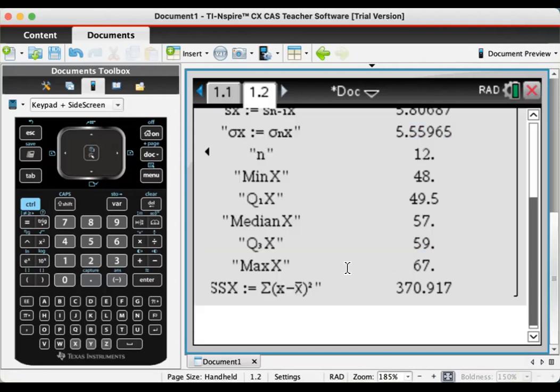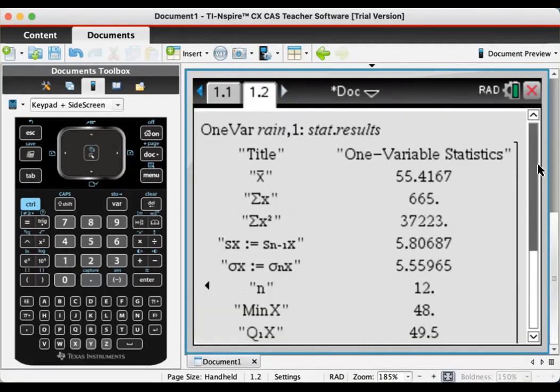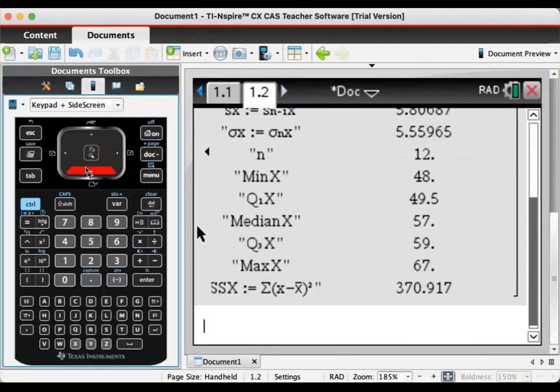You were like, okay, I need to find my interquartile range. So you're up here at the moment, and it's like, oh, I need to do a calculation. You press down, get all the way down, and then you can type your numbers. Okay, I've got 59, and I need a minus 49.5.